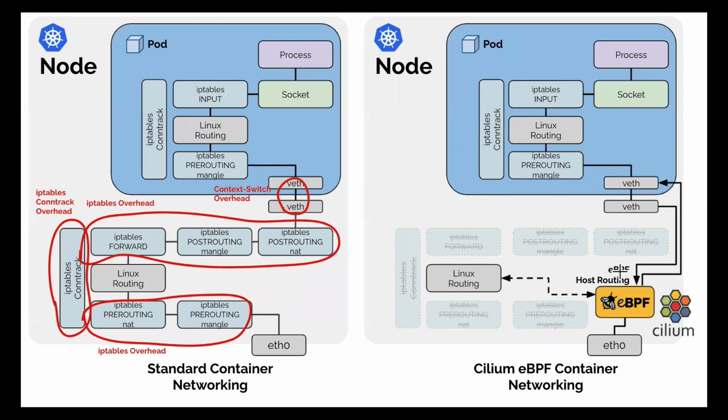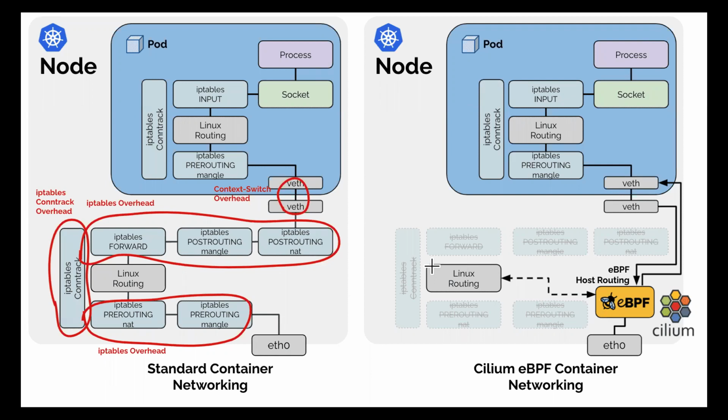But with the eBPF host routing feature enabled, the host namespace IP table processing will be skipped, and so there is no more overhead for the netfilter IP table processing in the host namespace.